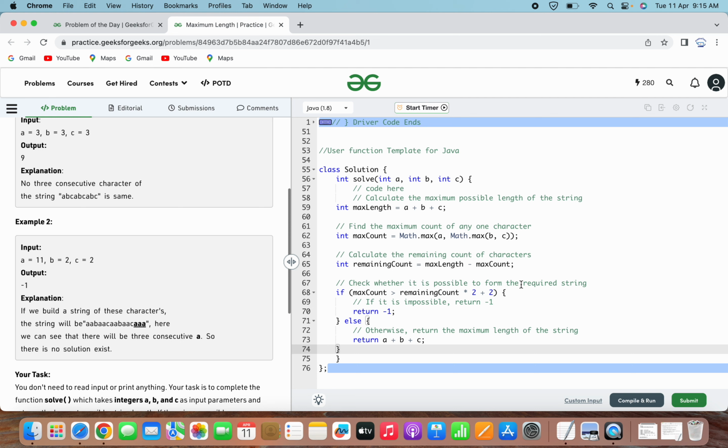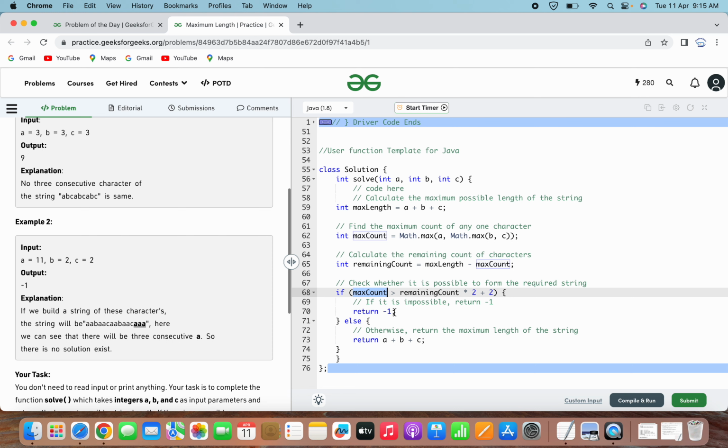And how to check that? If the maximum count of any character is greater than twice the remaining count of characters plus 2, then it is impossible to form the required string. In that case we need to return -1.